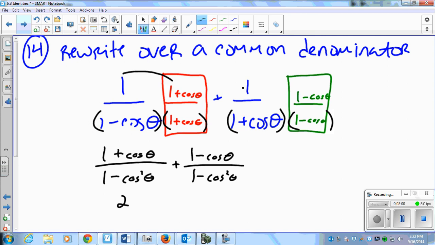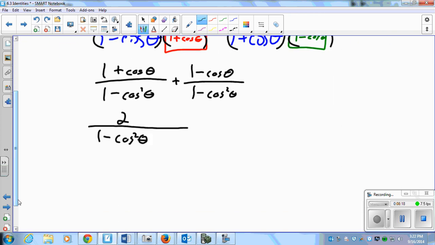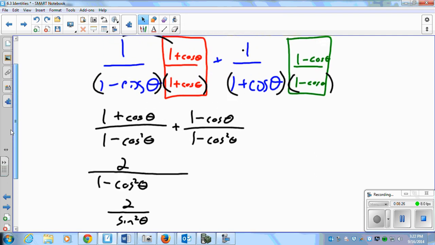Cosines drop out: cosine of theta minus cosine of theta just goes to 0, and I have 2 over 1 minus cosine squared theta. And then again, this looks like my Pythagorean identity. So I know that this is 2 over sine squared theta. I've now added those.